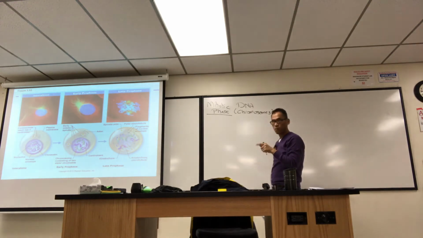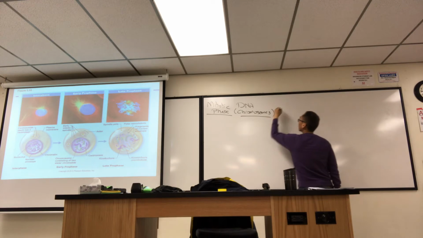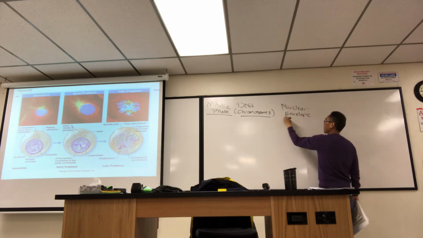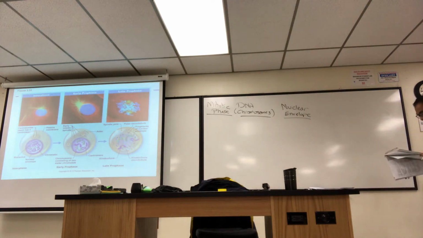Also, the nuclear envelope has its own membrane. Either it's going to be there or it's going to dissolve so you can move things around. And the spindle apparatus is also a good clue.